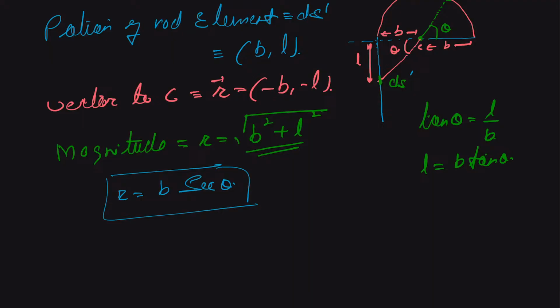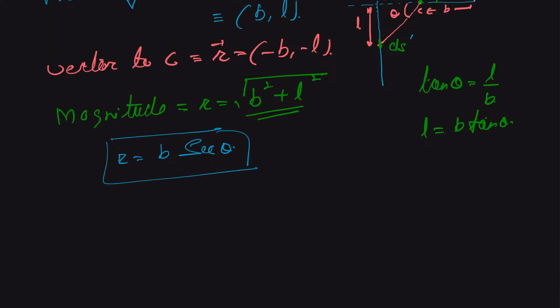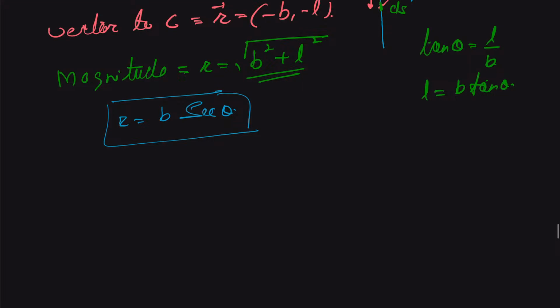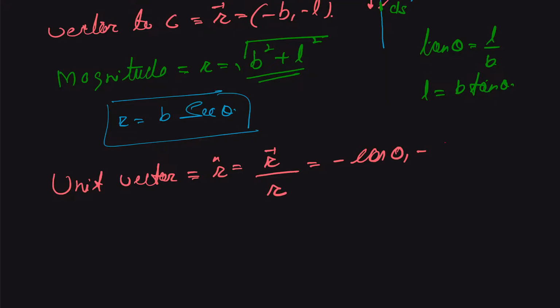And now we can easily find out the unit vector. Unit vector, that is our r unit vector, will be equal to our r vector divided by the magnitude, which will be giving us minus cos of theta and minus sine of theta. Okay. Now it is quite easy.